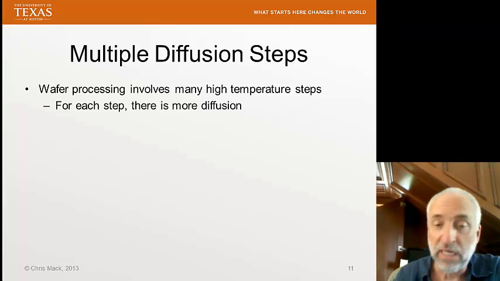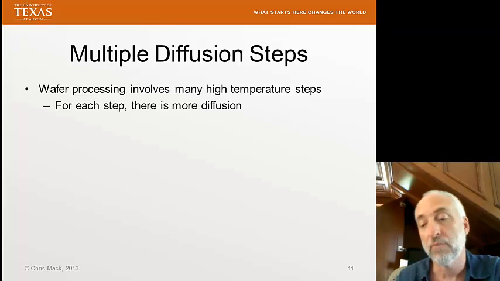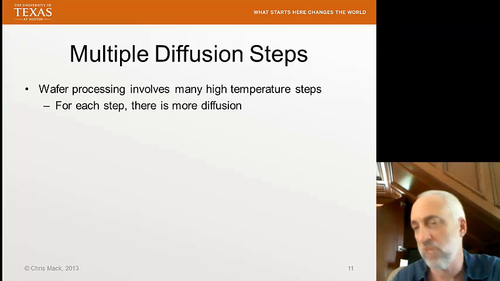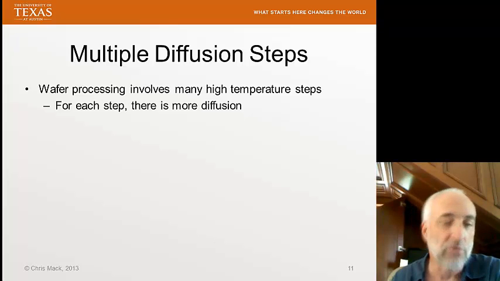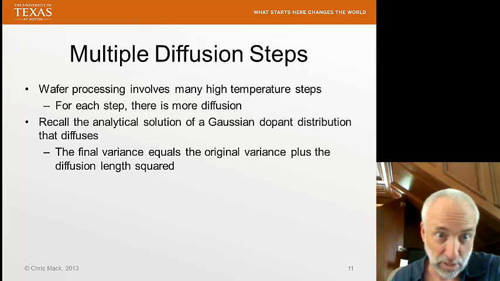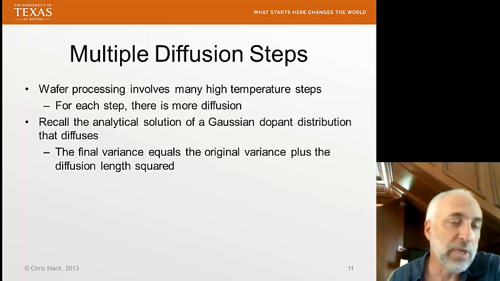Oxidation, many depositions involve high temperatures. Lots of processing steps involve high temperatures. Every time I do an implant, I have to do a high temperature anneal step. For every one of these steps, there is diffusion. The more steps there are, the more diffusion there is. How do I take this into account?